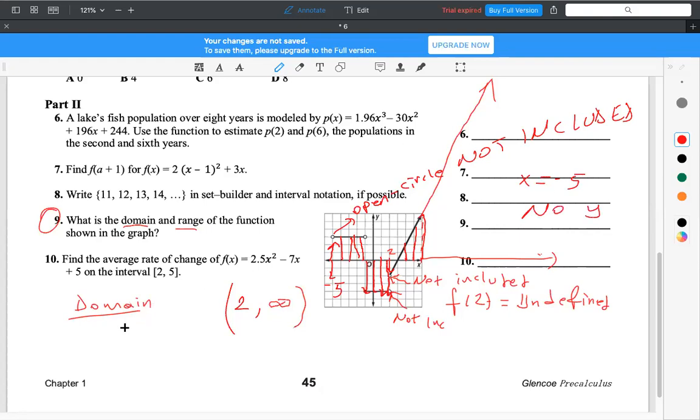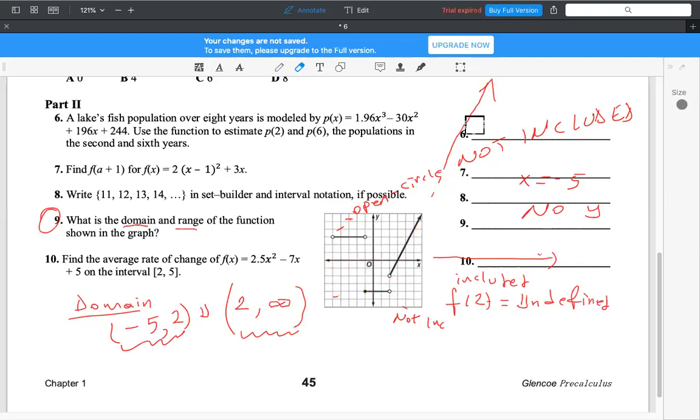So -5 open, union to where? 2. I mean from -5, it's not included, up to 2, 2 is open. From 2 to infinity, I have in my domain, but I don't have anything at -6, -7 or -8. Why?